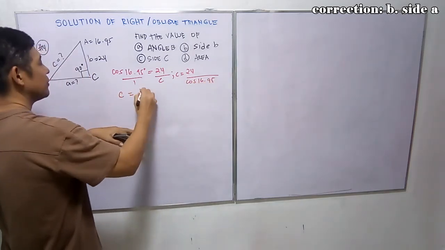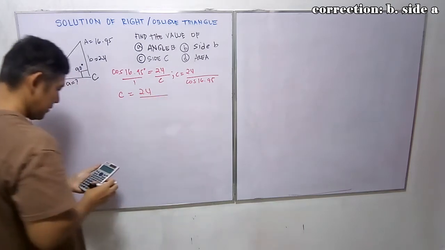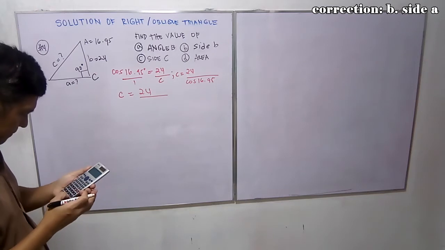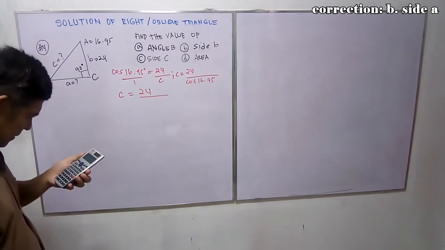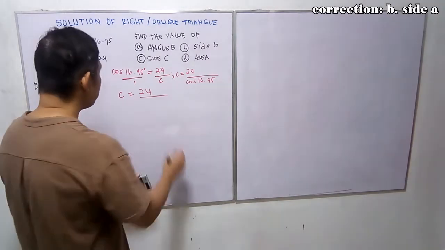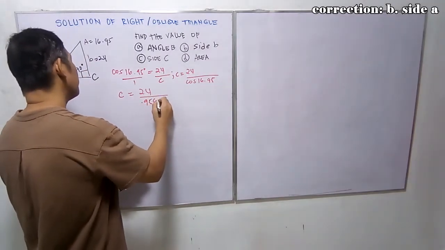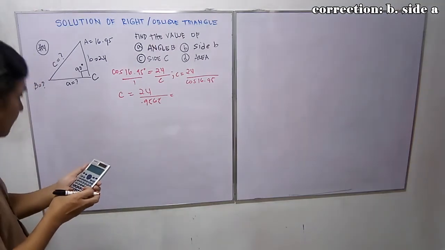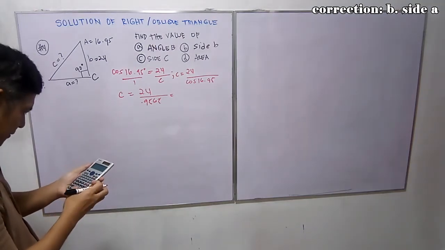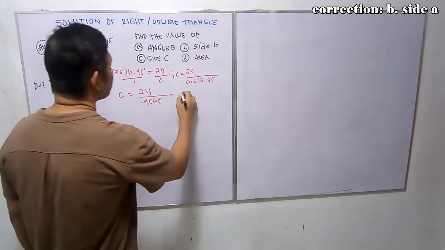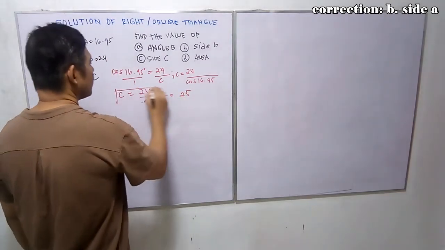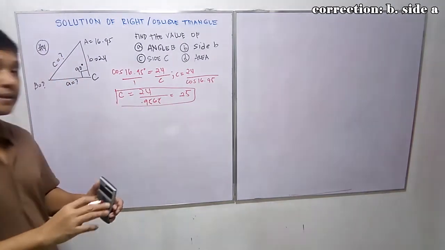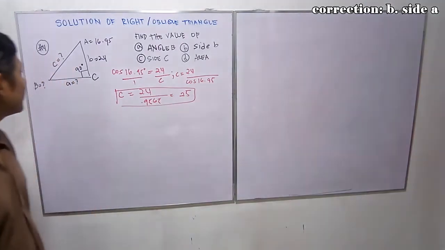Therefore, C equals 24 over yan yung cosine of 16.95, sabi dito is 0.9565. So lalabas ay 25 yung value ng C.